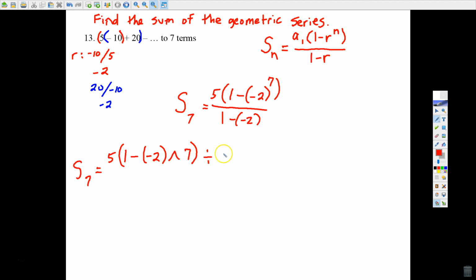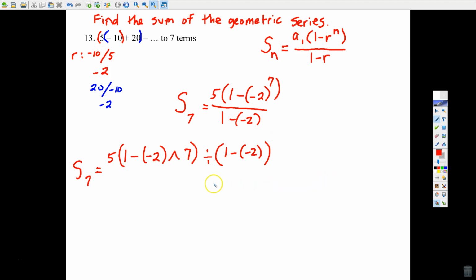Personally, if I were doing this problem on the test, I would just say divided by 3, because that's what 1 minus -2 is. You certainly could just say divided by 3. If you don't trust yourself to do that mental math and you want to plug all of this in, then you need to put all of this in parentheses. Okay, so it should look like this.